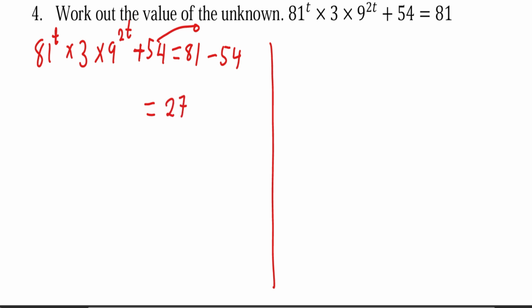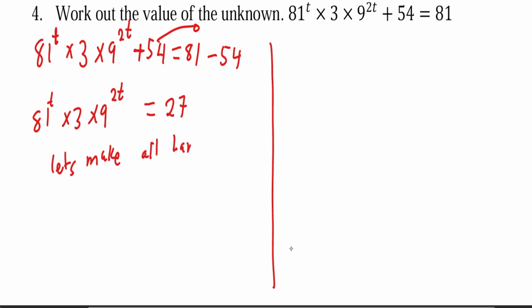So we've done that. And obviously 81 to the power of t times 3 times 9 to the power of 2t. Now let's make all of them have base 3. So 3 to the power of 4 is supposed to be 81, if I'm not mistaken. Yeah. So 3 to the power of 4 is 81.